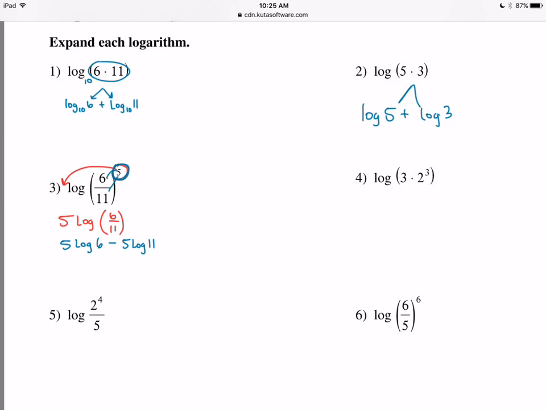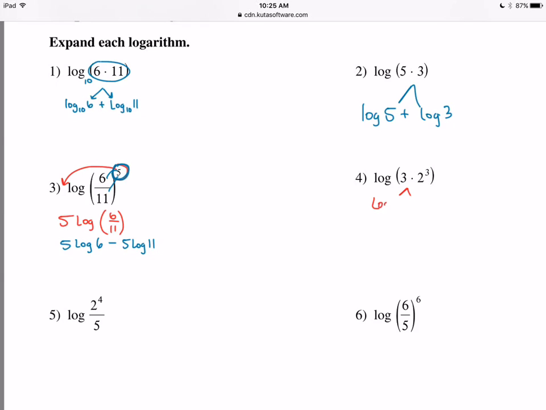All right, number 4. Notice how the exponent only applies to the 2. If the 3 wasn't there and the exponent was on the outside, yes, we could move it in front. But because it's only affecting the 2, we first need to expand and split them apart, and then we move it. So we're going to split this up.